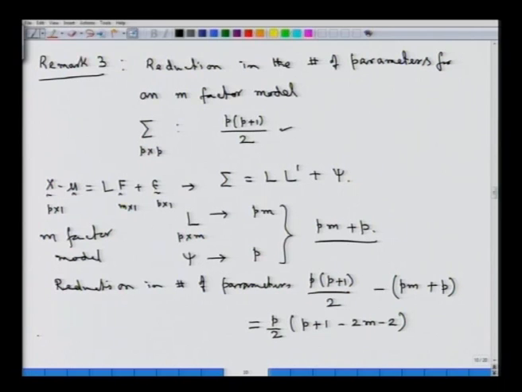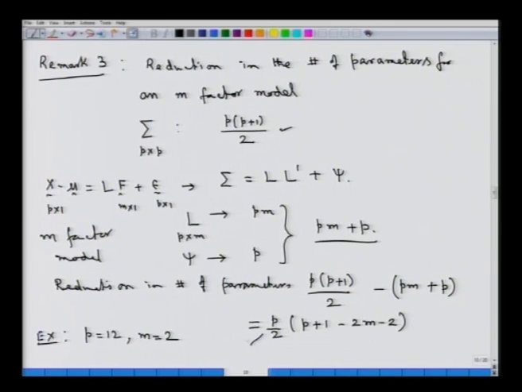Take a particular example. This is the reduction in the number of parameters when we are able to express a p-variate random vector by an m-dimensional model. So, in the example, if I take p equal to 12, m equal to 2, we have 12 original variables to start with, and suppose we have been able to express those 12 variables in terms of 2 common factors.